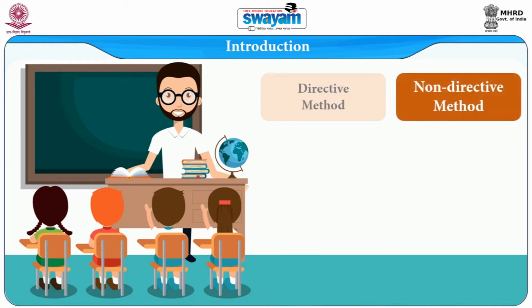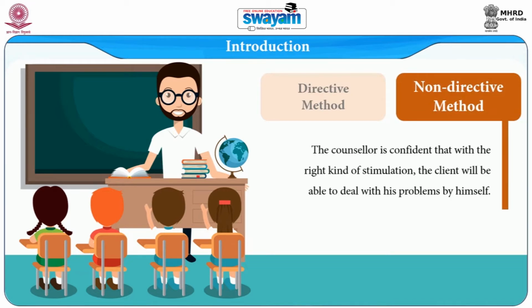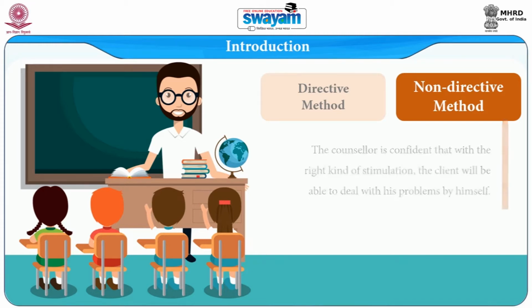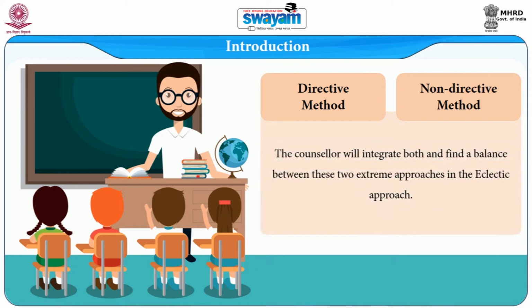In the non-directive approach, the counselor is confident that with the right kind of stimulation, the client will be able to deal with his problems by himself. The counselor will integrate both and find a balance between these two extreme approaches in the eclectic approach.